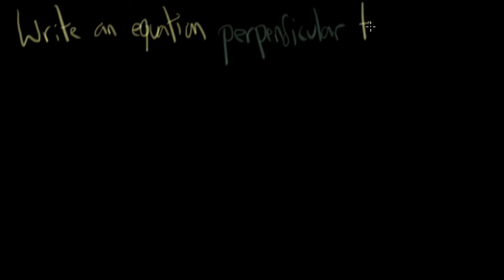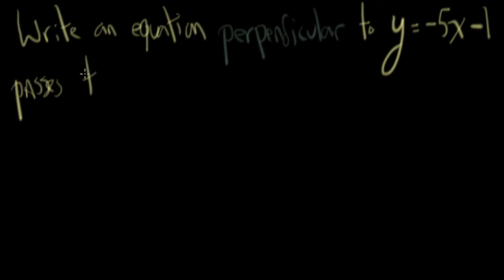Perpendicular to, and I'm going to make this just negative 5x minus 1. Okay. That passes through, oh, what point should we pass through? Let's pass through 3, negative 4 this time.